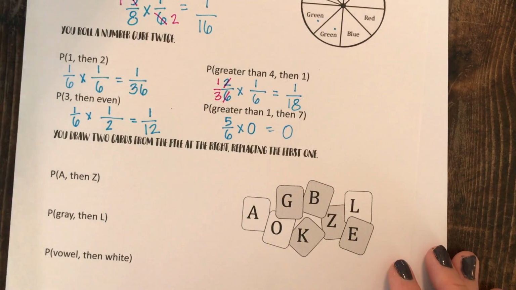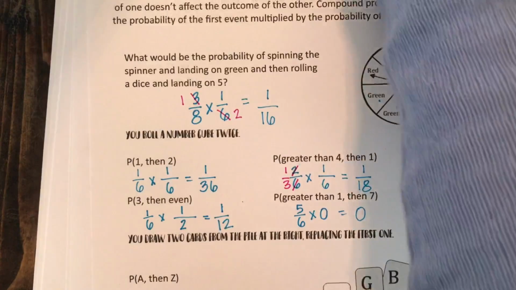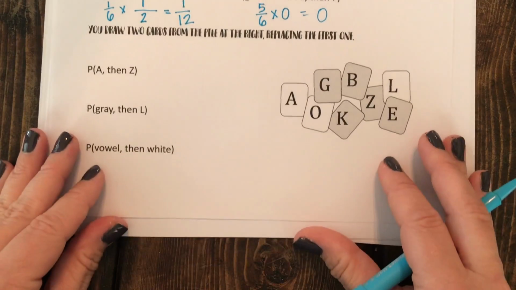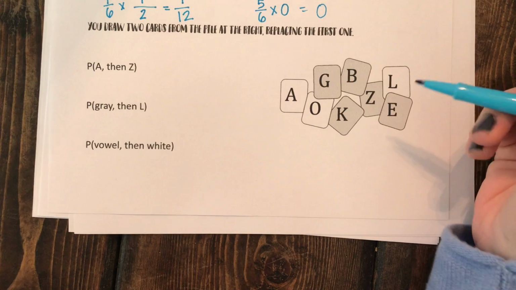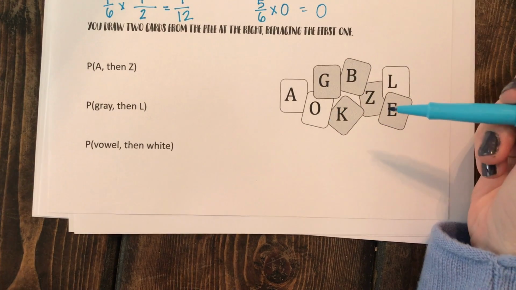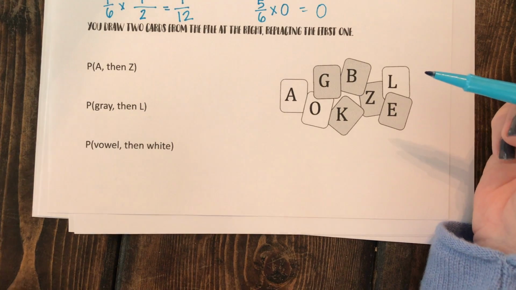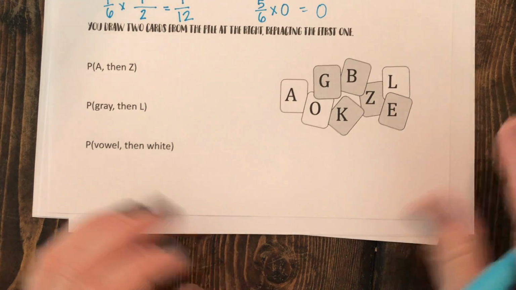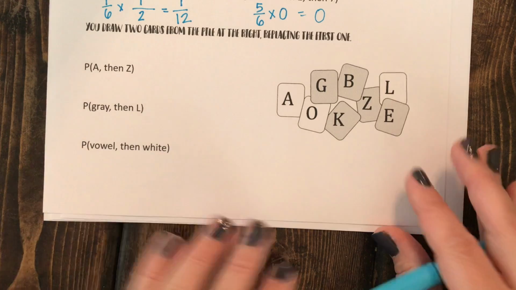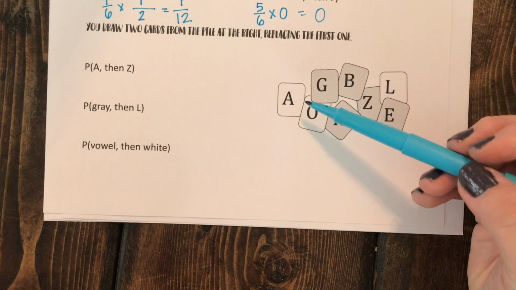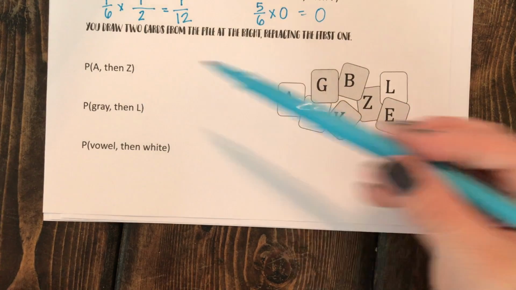Okay, so let's look down here at this bottom section. It says you draw 2 cards from the pile at the right, replacing the first one. Okay, the replacing part's important. Tomorrow we're going to talk about when you don't replace it and then what happens. Okay, so first thing, let's look at our cards. It says, what's the probability that I pick the letter A?